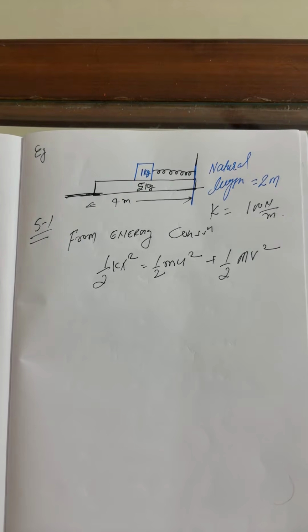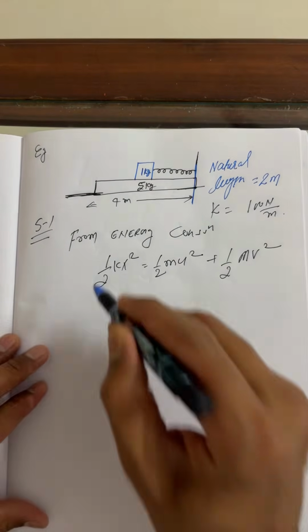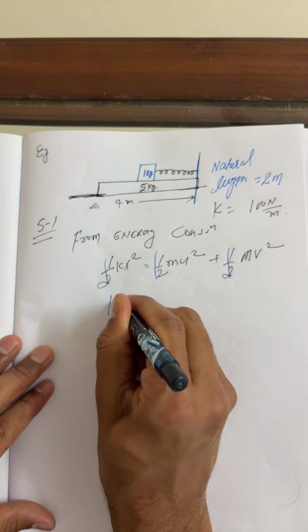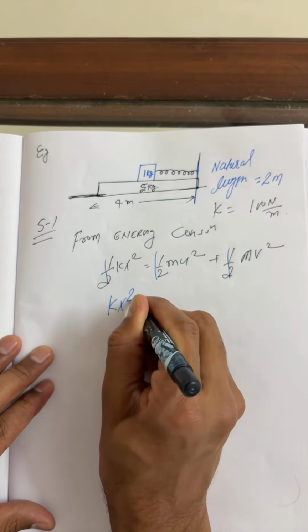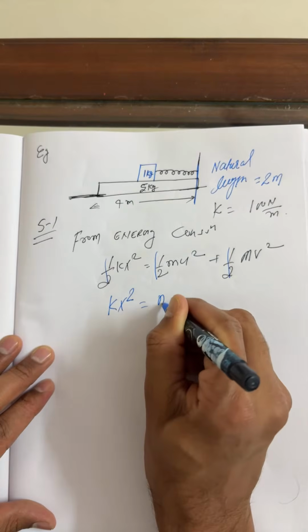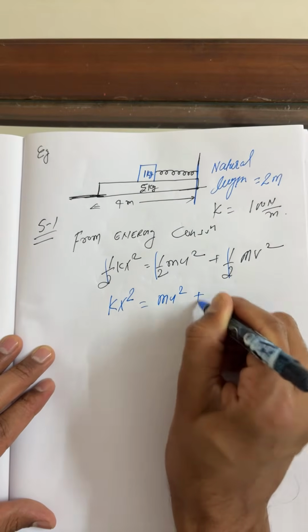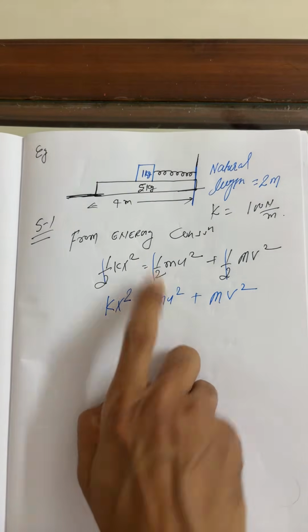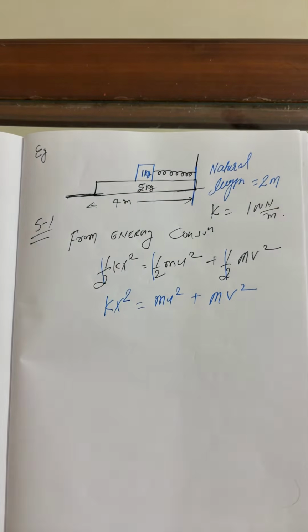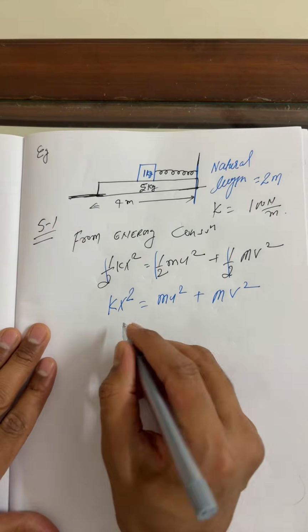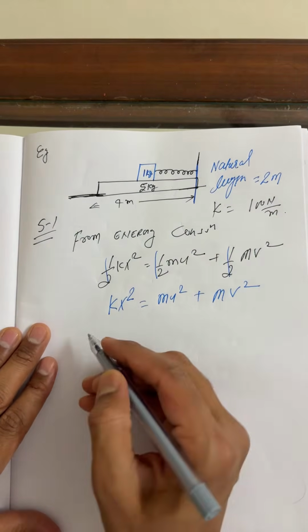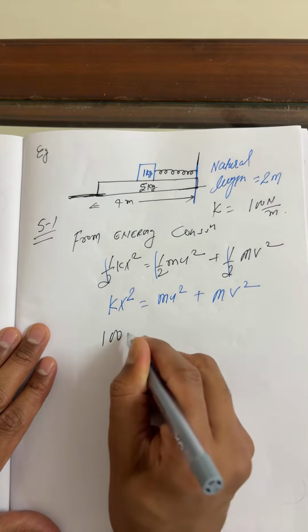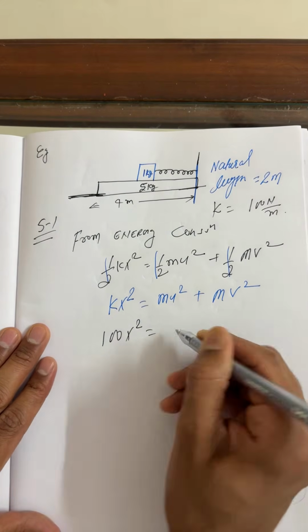The half cancels everywhere. So k x square equals m u square plus M v square. Here k is 100, so this is 100 into x square.